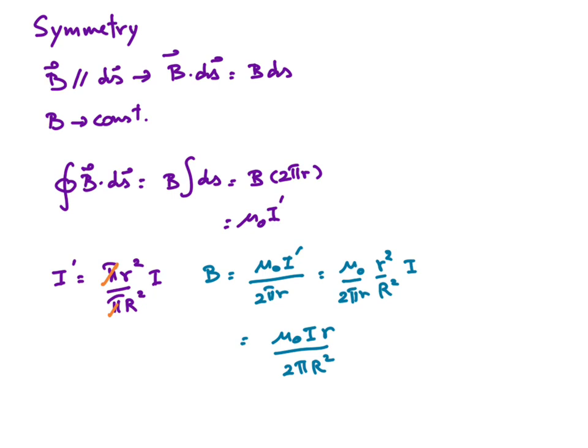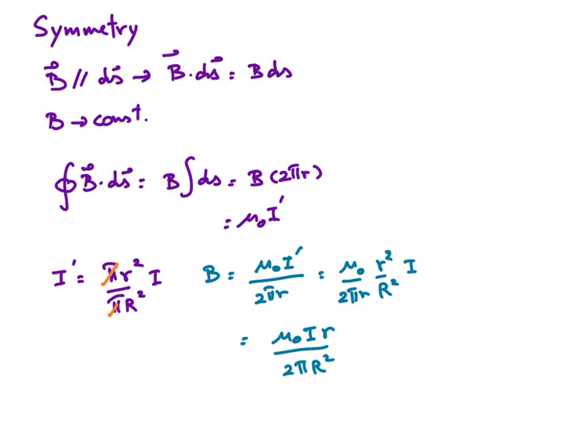So this becomes small r squared over big R squared times I. So we can substitute this expression of I prime, and we get B. In fact, B times 2 pi r is equal to mu naught times small r squared over big R squared times I, and if we rearrange, we have B is equal to mu naught I prime over 2 pi r, which is equal to mu naught small r squared I over 2 pi small r times big R squared.